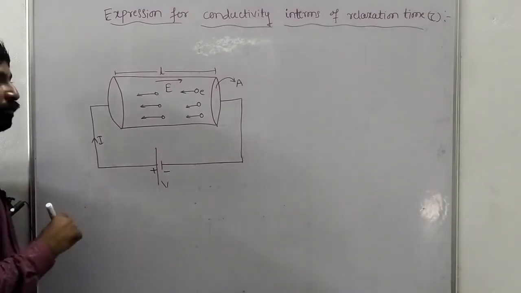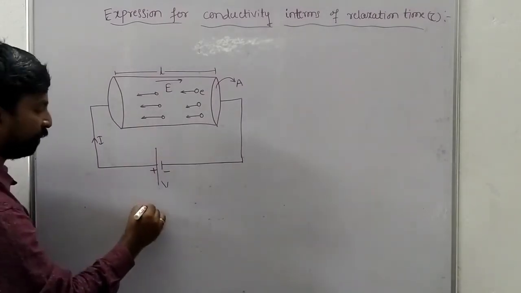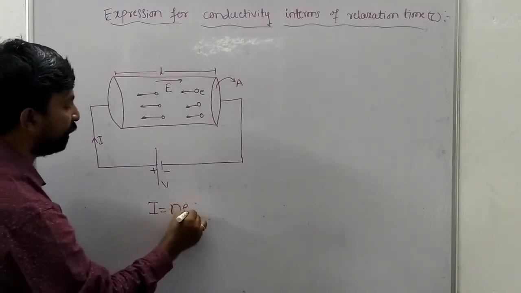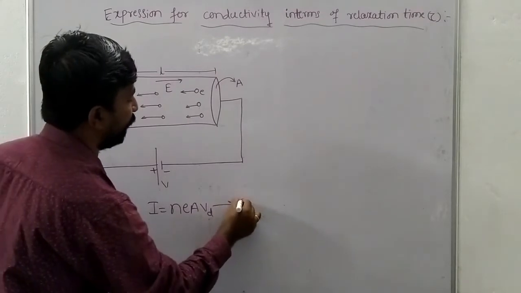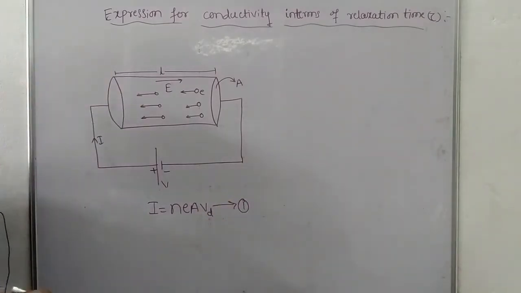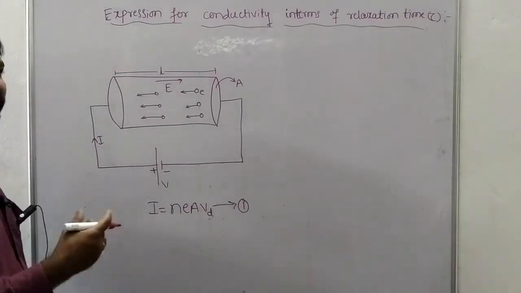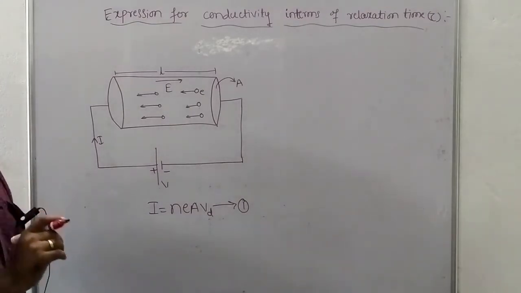Now the relation between current and the drift velocity of the free electrons is given by I is equal to N E A Vd. So this is equation number 1, where Vd is the drift velocity of the free electrons, the velocity gained by the free electrons in the direction opposite to the applied electric field.